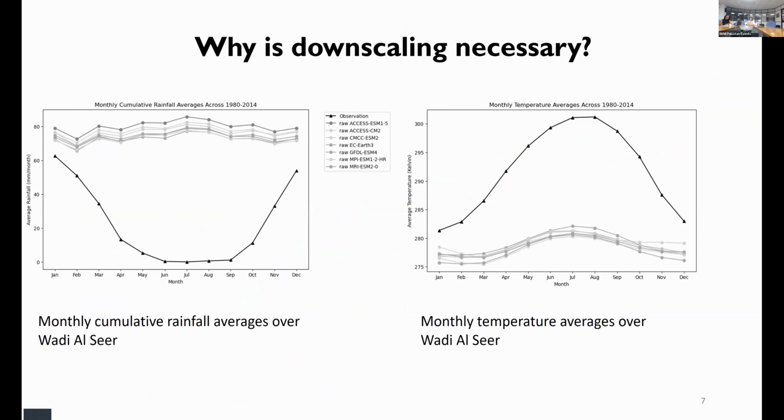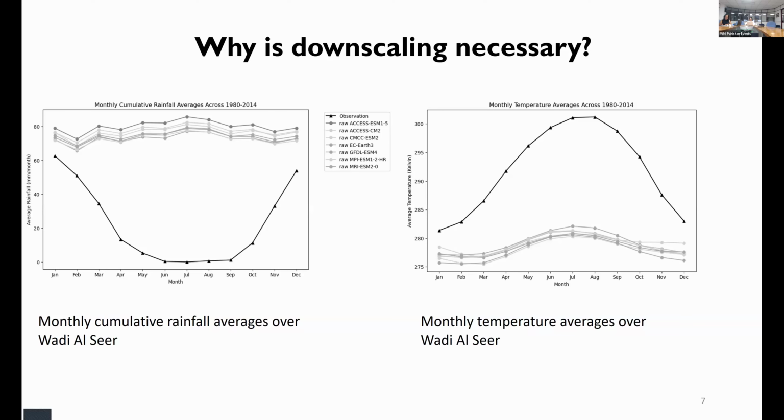Here we have the monthly cumulative rainfall averages and monthly temperature averages for Wadi Sir in Jordan for the period 1980-2014. The values shown are from ground observations, which are represented by the black line, and they are compared to historical simulations from 7 different global circulation models over the same period, the line in silver.